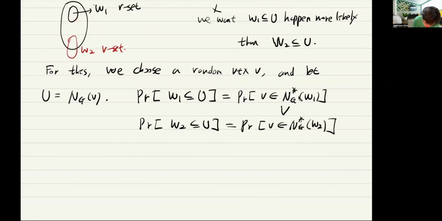As we get our intuition here, what we do instead is we don't choose just one random vertex, we choose several random vertices, and then we let U be the common neighborhood of them. So let's start the proof.